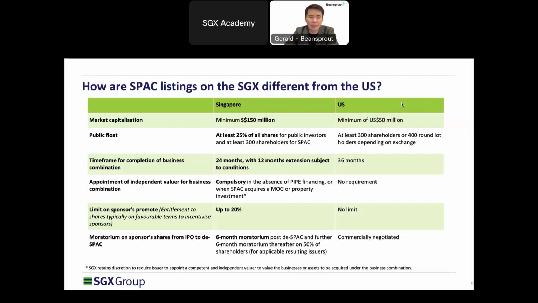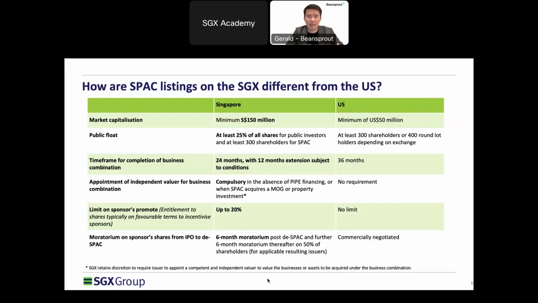Last but not least, there's a moratorium on the sponsor shares from IPO to the de-SPAC. So in Singapore, there is a 6-month moratorium post de-SPAC, and a further 6-month moratorium thereafter on 50% of the shares.